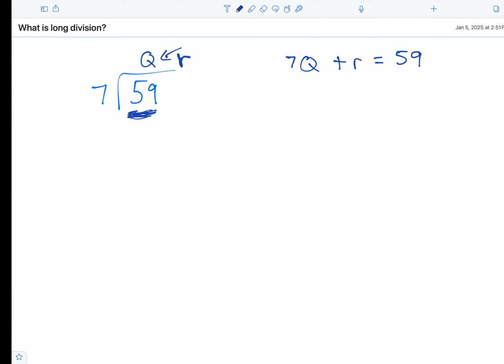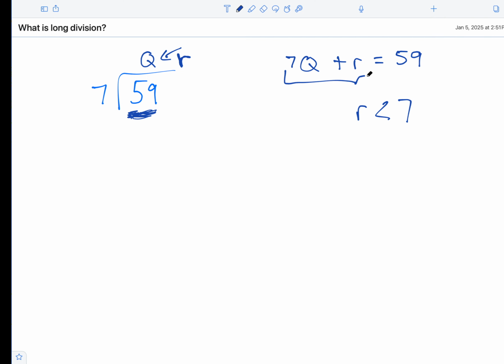And when I say as close as possible, what that really means is that R has to be less than 7, because if R was more than 7, then you would have another Q that you can put in, another number that can go in one more time.